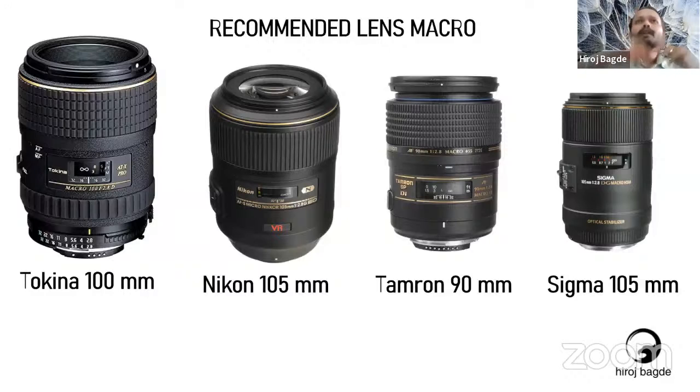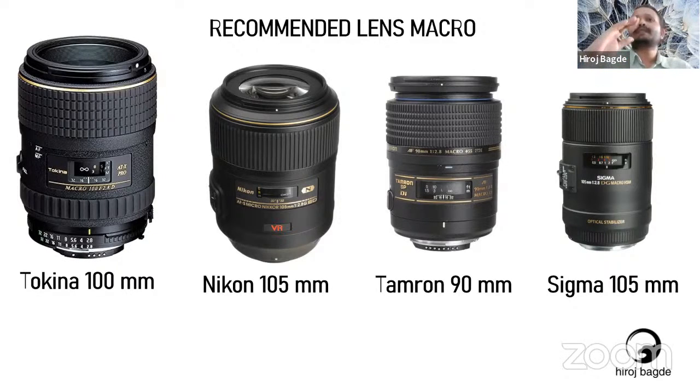Because there is reproduction of the image as it is, in the same format, on your camera. It is a ratio of 1:1. 1:1 means if the subject is of size 15 millimeters, then it is reproduced in the same manner. So we have to use macro lenses whenever we are going for any kind of macro photography as well as for dental photography.